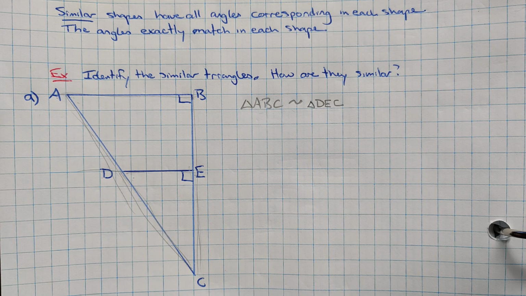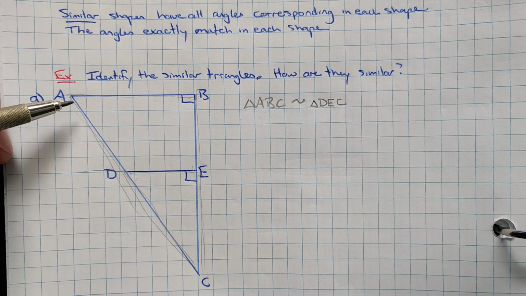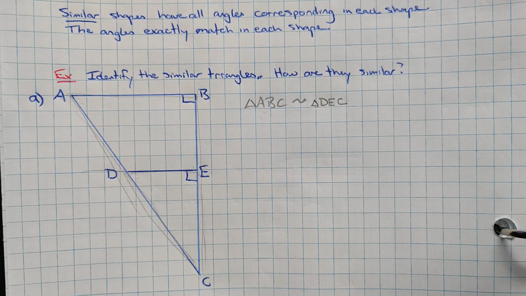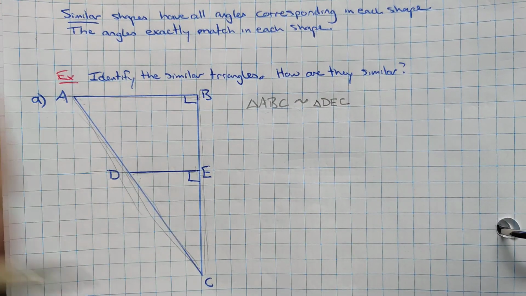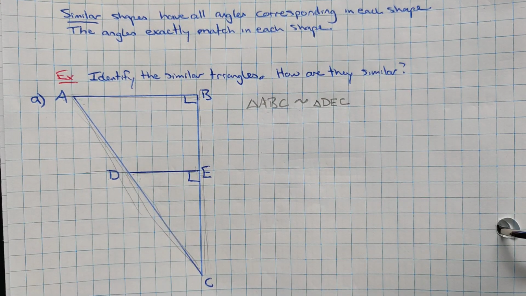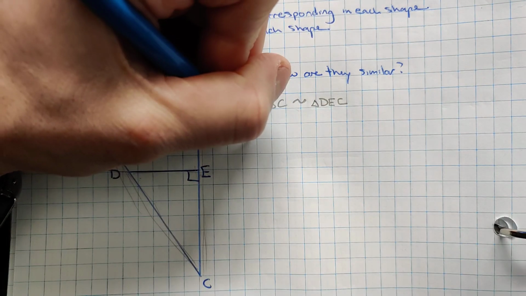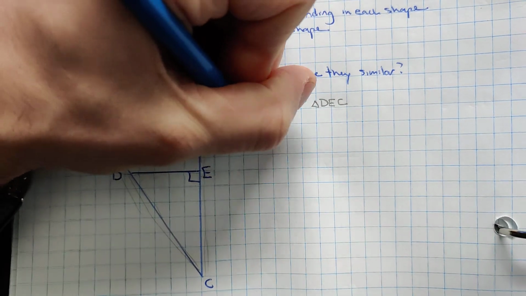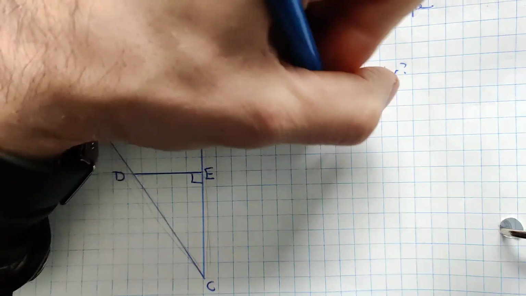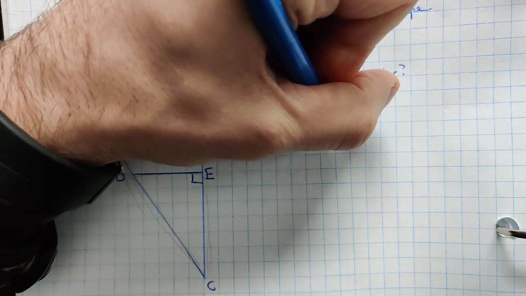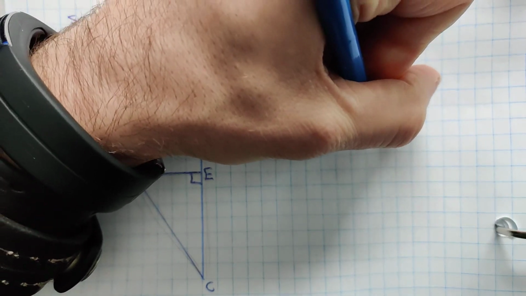How do we know they're similar? Again, we mentioned some of that already. Angle A and angle D are going to be the same because of the parallel line theorem. Without that, though, we don't even need to use any crazy theorems like that. We could just say that angle C equals angle C because they're the same.